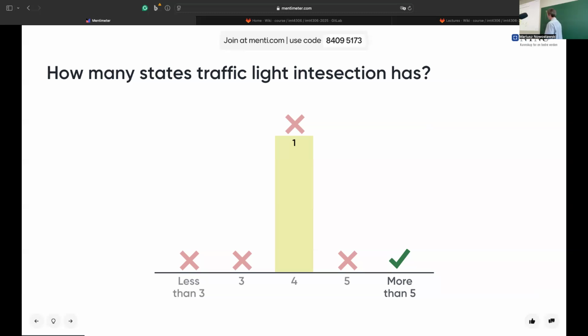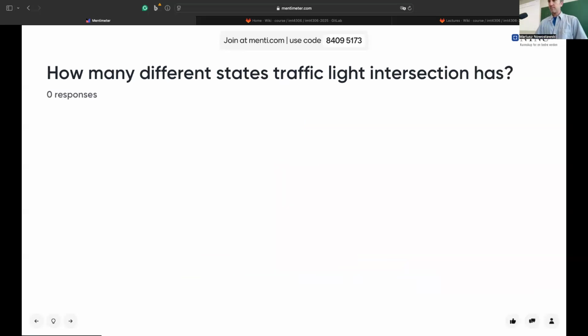Usually blinking yellow means the traffic lights are not working, but it's the same as off. So we have quite a complicated control structure here with multiple states to deal with, right? If you're programming an autonomous vehicle, you have to predict all those possible states and deal with them, right? Okay, so we discussed that.